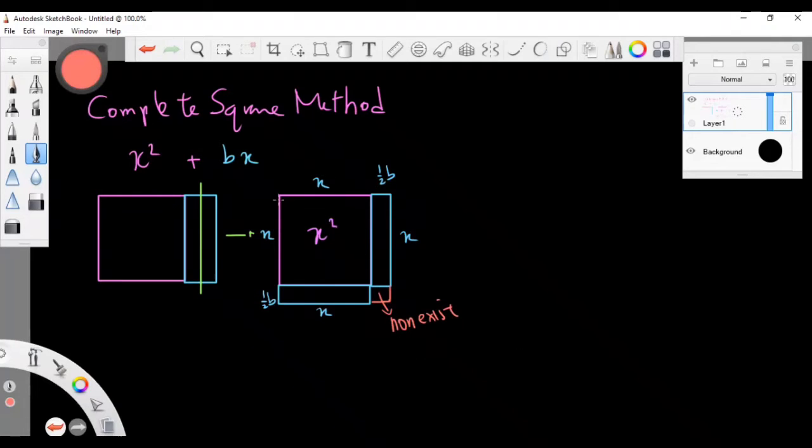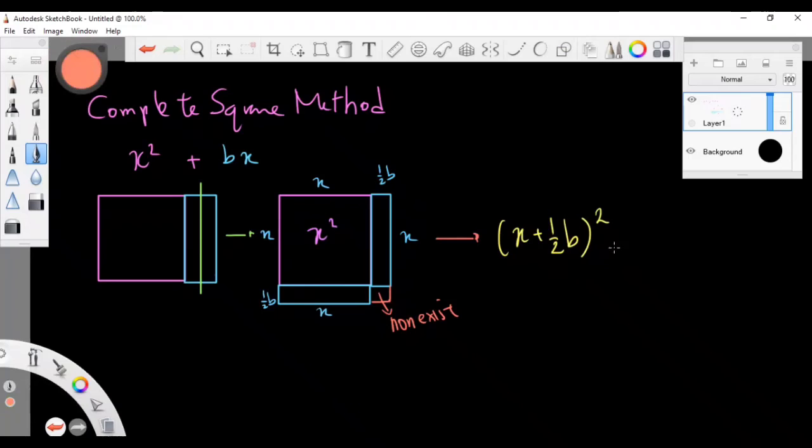So what you can do is, what is the area of the huge square here? So x plus half b. Wait, I want to use the other color maybe. Yeah, there you go. X plus half b, and then put the square, and then you have to subtract the non-existent part.